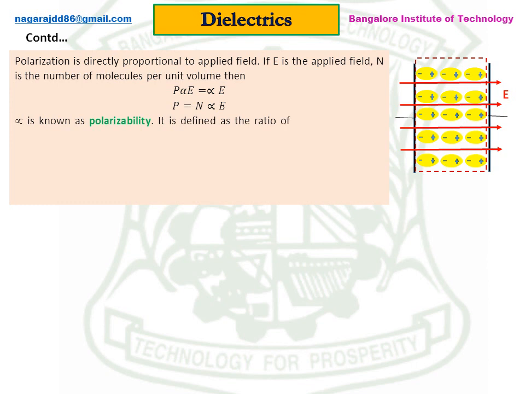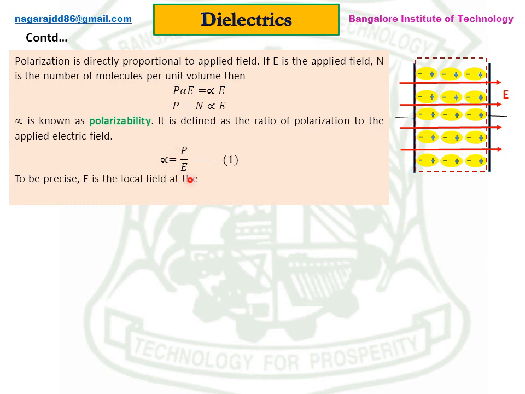It is defined as the ratio of polarization to the applied electric field, and it is given by alpha equals P divided by E. To be precise, E in this equation is the local field at the site of individual atom or individual dipole. That means we take only individual dipole while defining alpha. That means alpha is treated as a microscopic parameter.